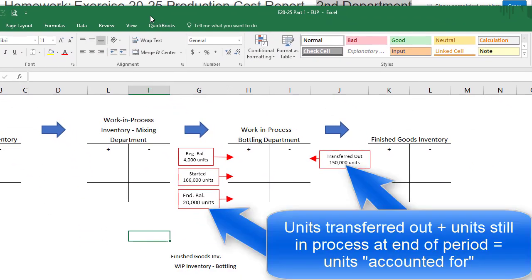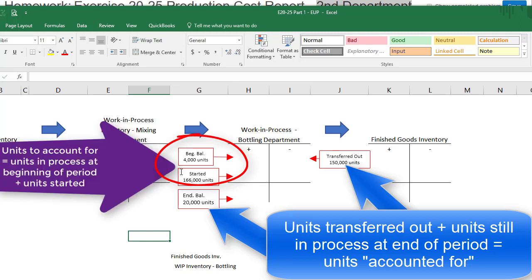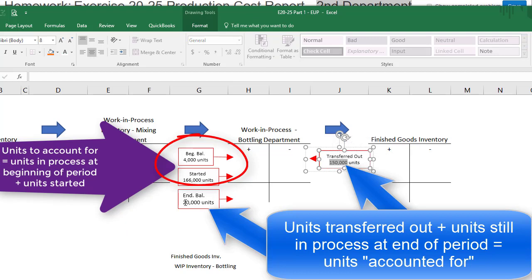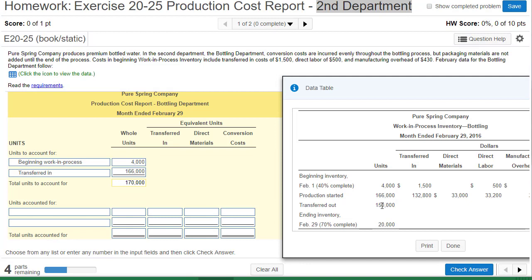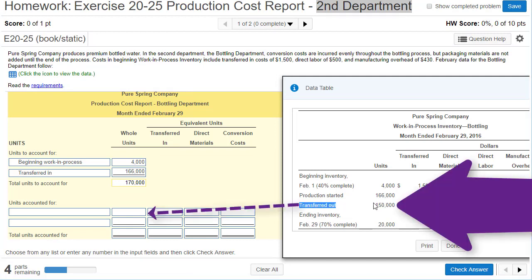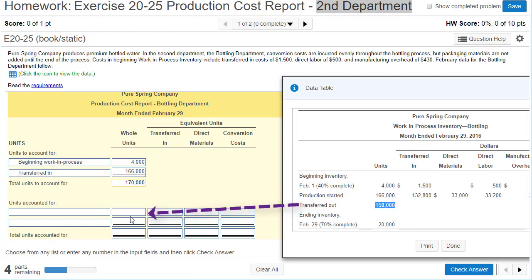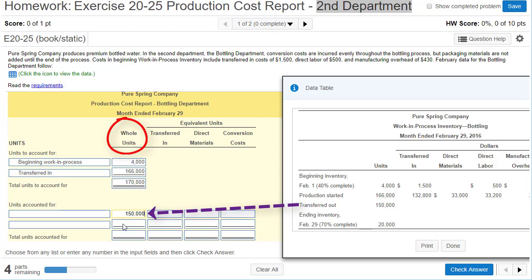So units to account for, as you recall, are the units transferred out and the ending balance. So notice the units to account for, right here, 170,000, has to be equal to the units accounted for. 150,000 plus 20,000 is 170,000. Now, where did I get the 150 and the 20 from? Well, it just came from the data box. So transferred out, we had 150,000. Now notice these are whole units. We'll get to the equivalent units next.